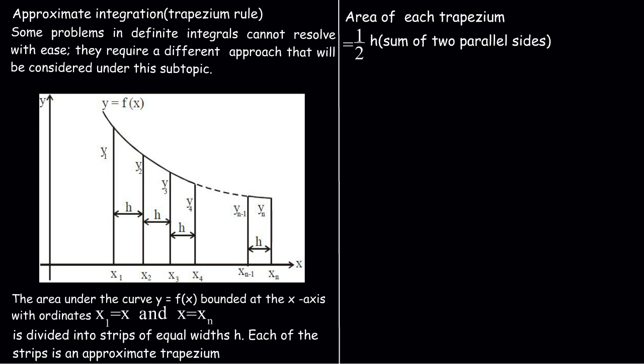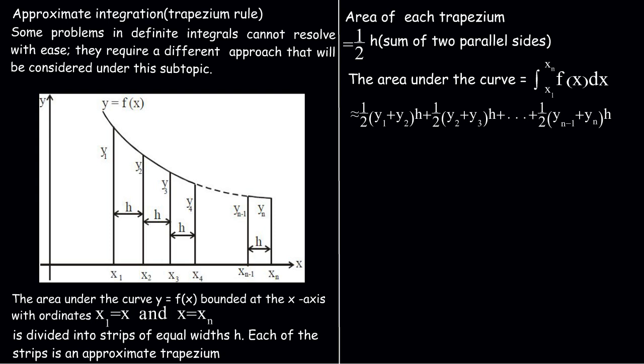So therefore, finding the area of each of the strips as an individual trapezium, the area under the curve, which is equal to the integral of f of x dx from x1 to xn, will be approximately 1 over 2 in bracket y1 plus y2 times h, plus 1 over 2 in bracket y2 plus y3 times h, and so on, up to 1 over 2 in bracket yn minus 1 plus yn times h. Factorizing, it is equal to 1 over 2 h in bracket y1 plus 2 y2 plus 2 y3 and so on, to 2 yn minus 1 plus yn.